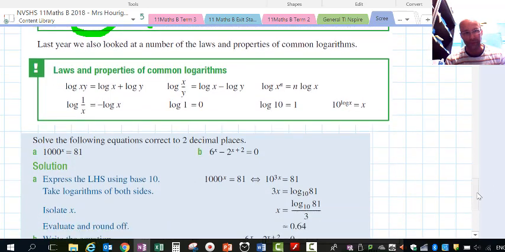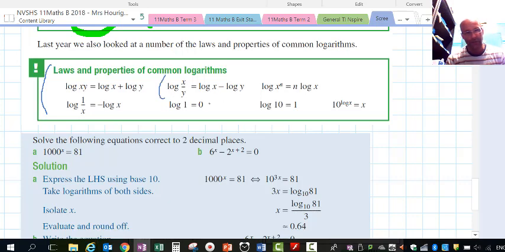Log laws which we developed last time around, if you've forgotten these, it's very, very important to pause the video and take these down, but these log laws are very important. Log of a product turns into a sum of each individual part. Log of 1 on x equals x to the negative 1, which is negative log of x.